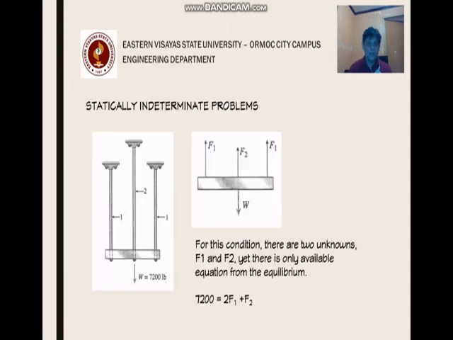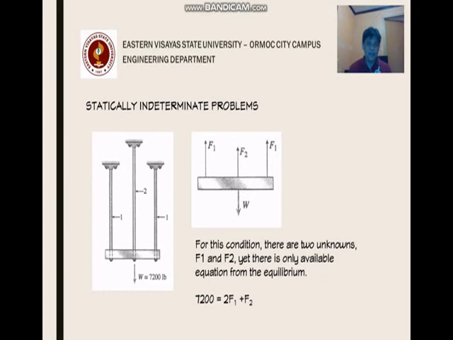So I have here a very simple example of a situation wherein you have a statically indeterminate system. As you can see from the figure, a bar weighing 7,200 pounds is supported on 3 points. We have 2 supports 1, and then 1 support 2 at the middle.